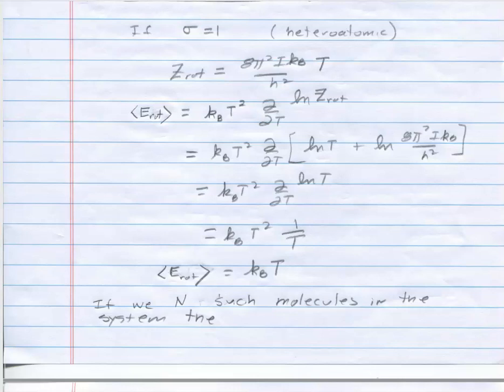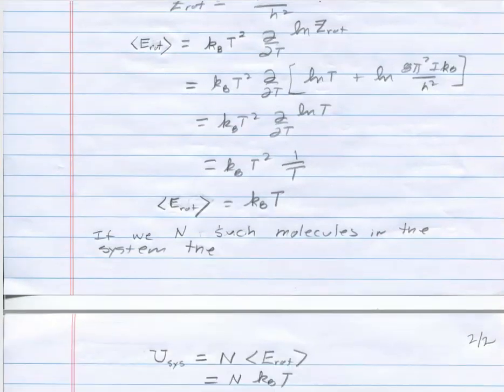If there are N such molecules in the system, and if we're looking only at the rotational part of the energy, obviously if there are molecules, they would have translational energies as well, but we're only focused on the rotational part in this section.